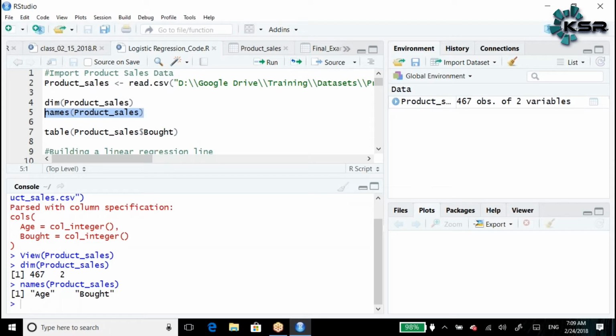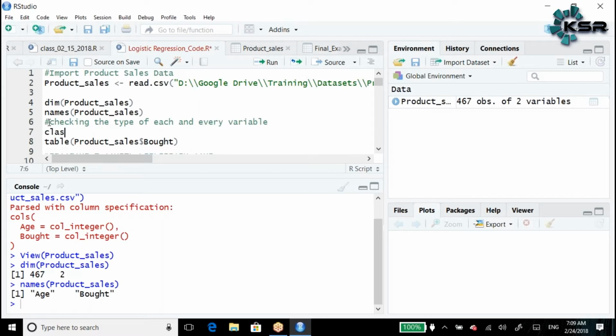Here, let's check the type. What is the type of the age variable? What is the type of the bought variable? Checking the type of each and every variable.